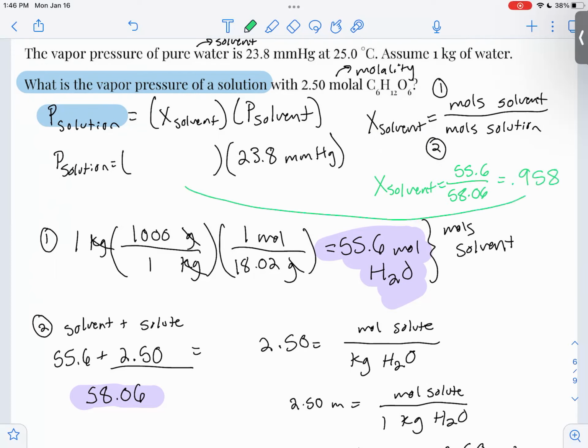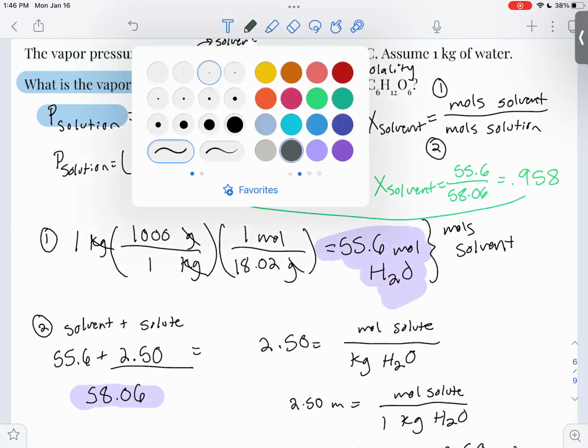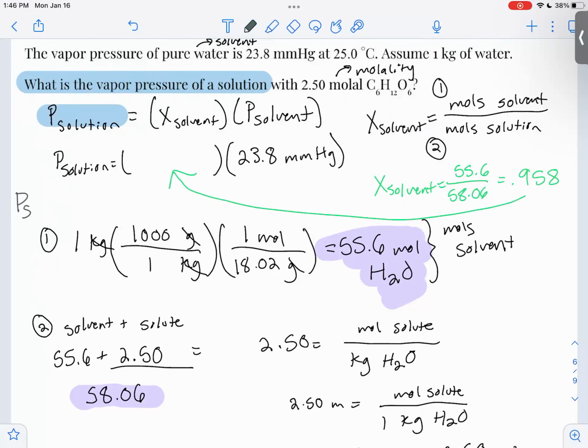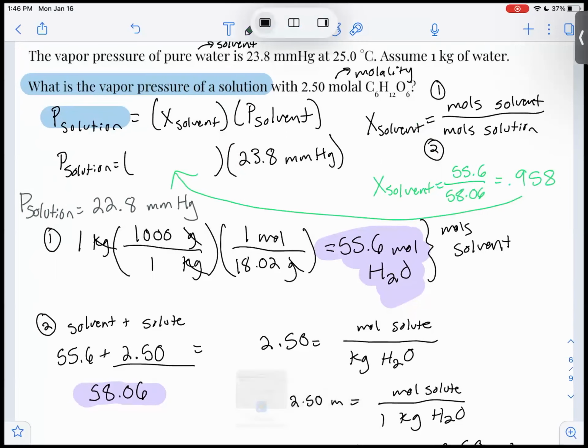And now we can put that into there. So finally, our P solution is equivalent to 0.958 times 23.8, and we're going to get 22.8 millimeters of mercury.